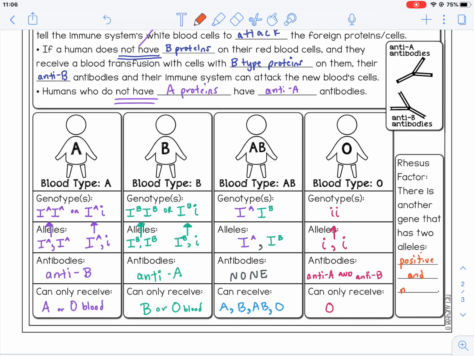So it's a positive and a negative. And a person who is negative can only receive negative. A person who is positive can receive either one. That Rh factor, the rhesus factor, works in combination with the A, B, and O blood types.